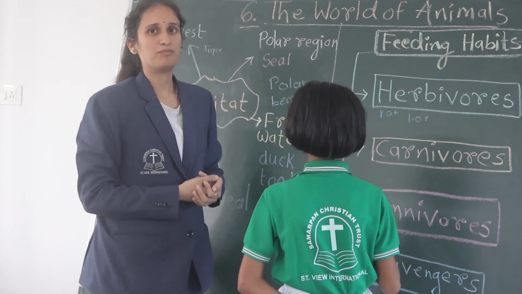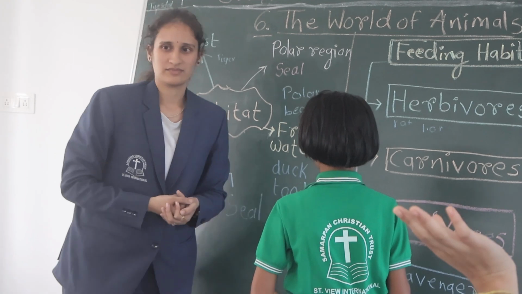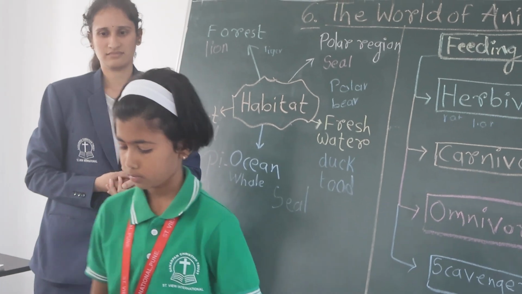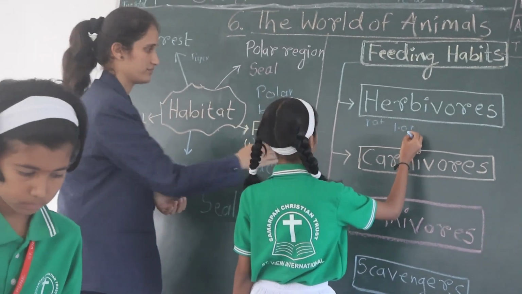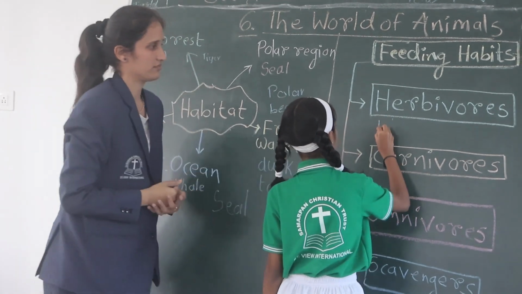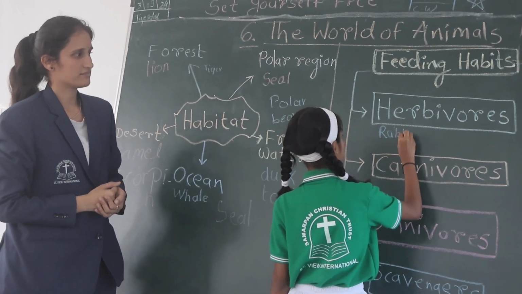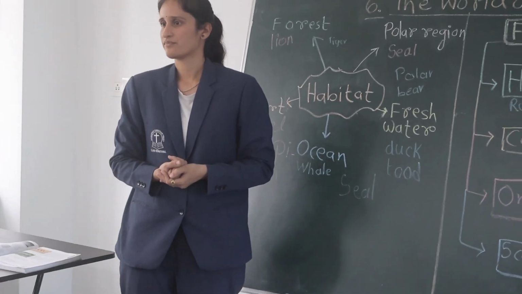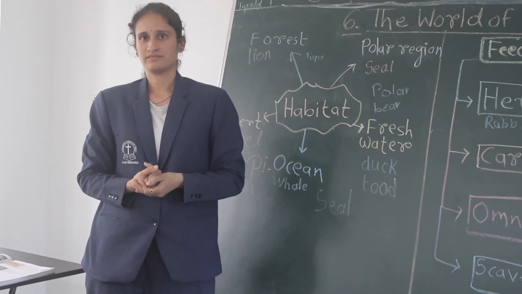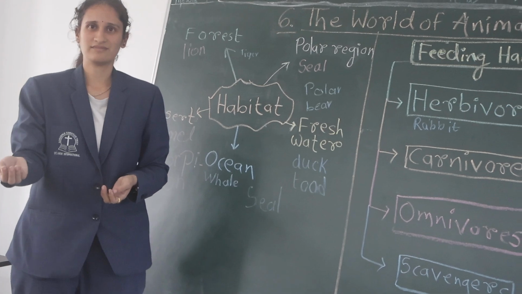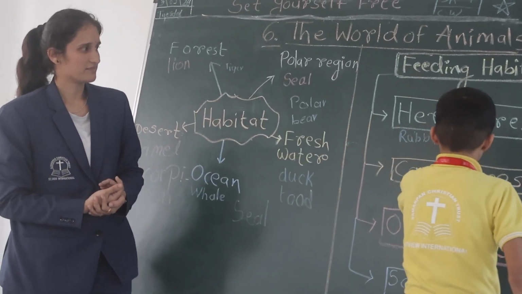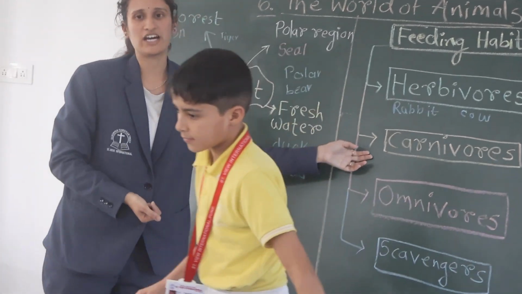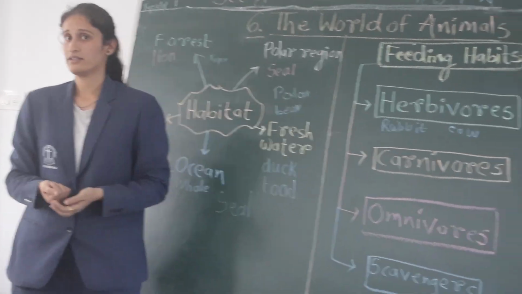Herbivorous eat plant and plant products. Rabbit. Okay. One more example, Harshit. Cow.